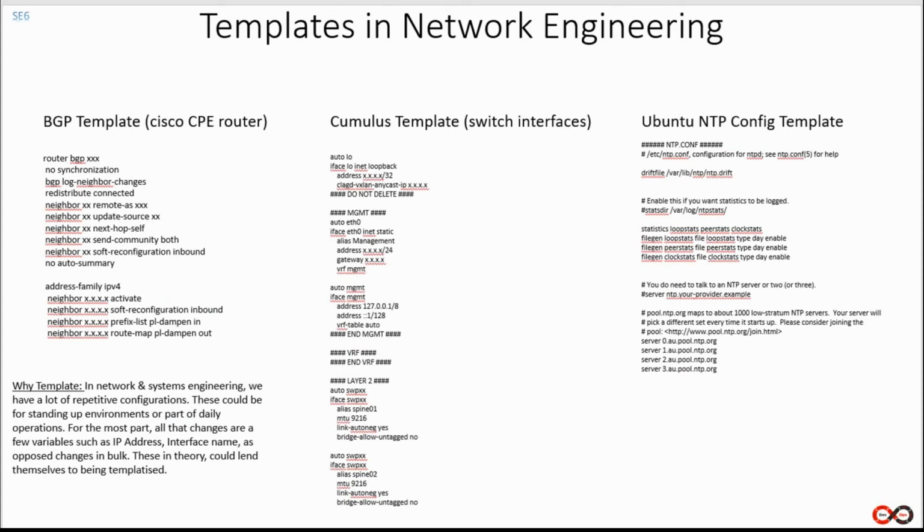So where could we use templating? That's a great question, and thank you for asking myself. In the world of networking, we've got a lot of pretty static files. It's not like we're writing code. In the world of software development, a lot of what we do is very much recycled. If you work for a networking team or company, you'll more than likely have a wiki page which has how you implement BGP. If you work in a data center team that leverages Cumulus, you'll have a template for how you would deploy your switch configuration when you stand it up.